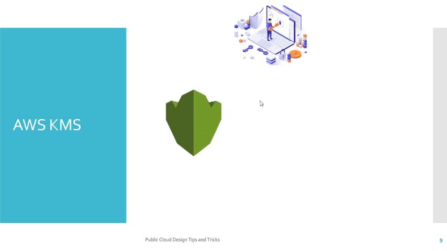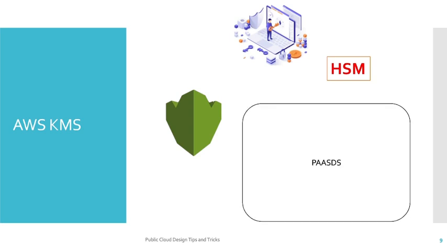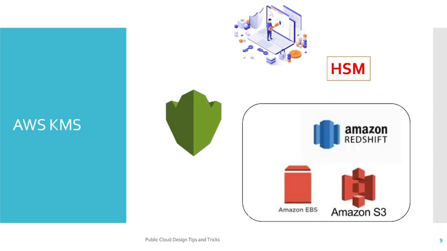With KMS keys, you can encrypt your data, both in your applications as well as public cloud services. It also supports HSM. Along with this, KMS has been integrated with multiple PaaS services like Amazon Redshift, Amazon S3, Amazon EBS and many more. It is also integrated with Amazon CloudTrail, with which your logging will be much simpler.